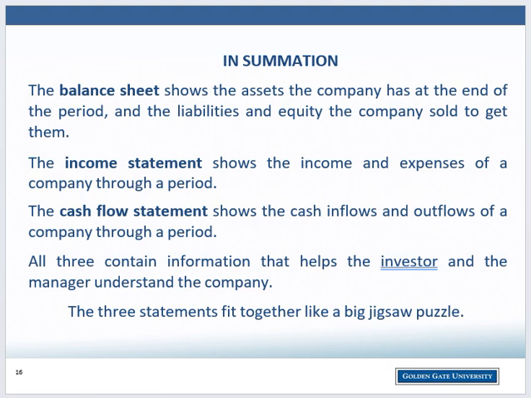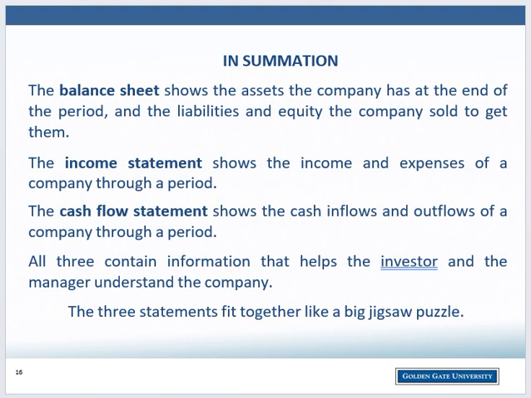In summary, the balance sheet shows the assets, which is, again, the economic resources the company will use at the end of the period, and how those assets are financed, either through liabilities, through debt, or through equity, which is the partnership of the company.